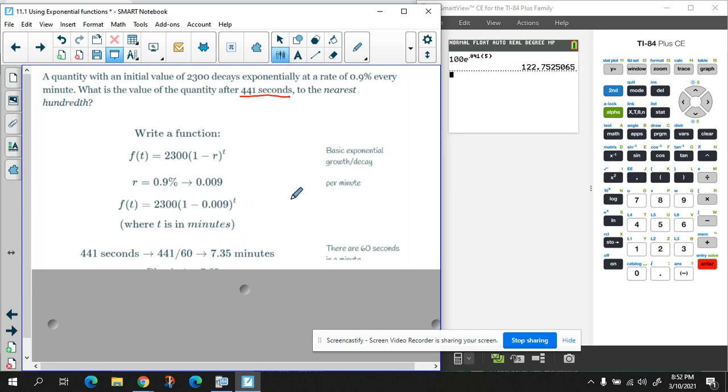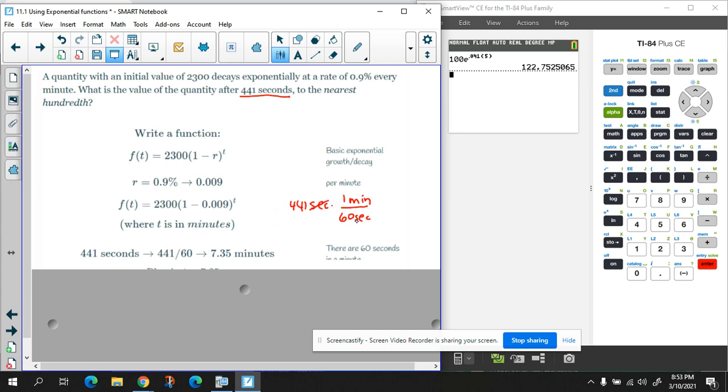Some teachers will teach it this way: 441 seconds multiplied by a conversion factor, 60 seconds for every minute, to explain where that 60 came from.